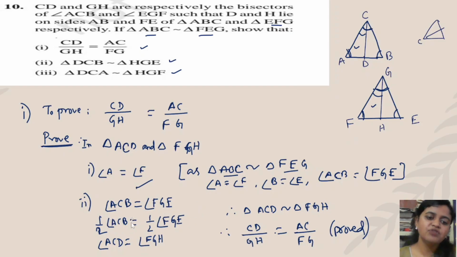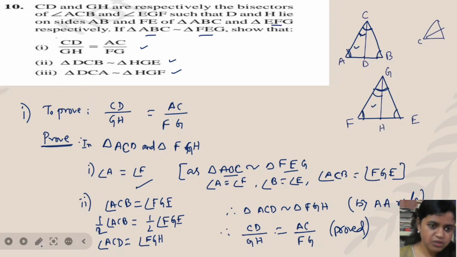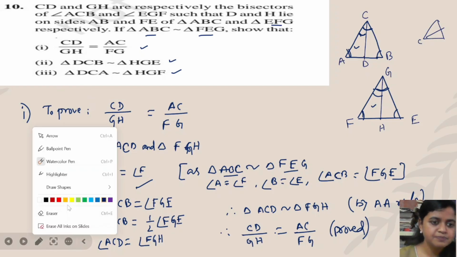So if we halve them, they will also be equal. We get two halves, but we have to take this portion only. So by these two criteria, we can say these two are similar triangles by the AA rule, and if we prove they are similar, then you can easily say CD by GH equals AC by FG. Clear? Now next we'll erase this one so that we can solve this sum.